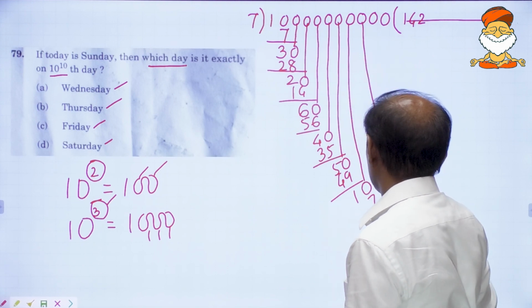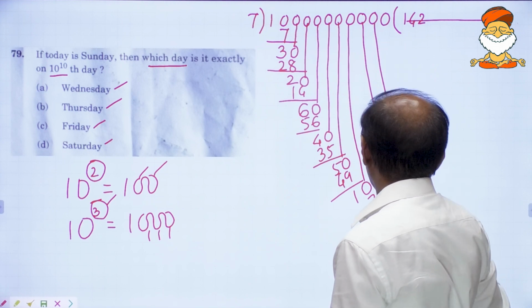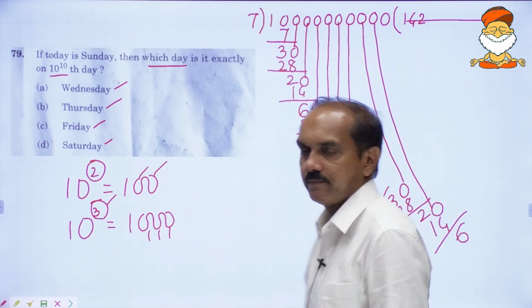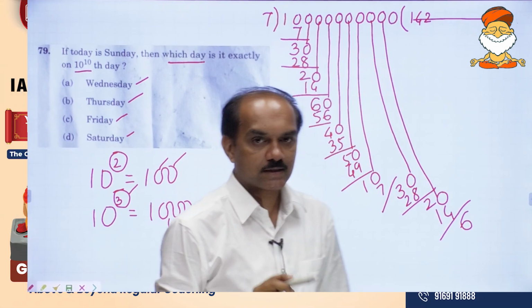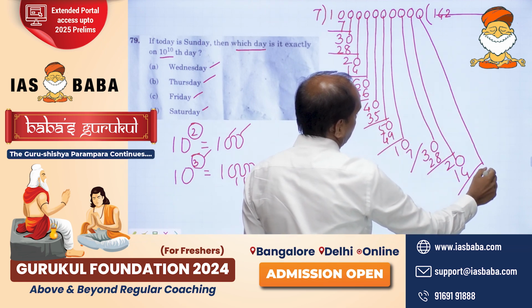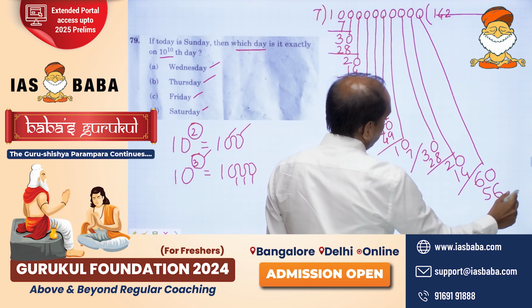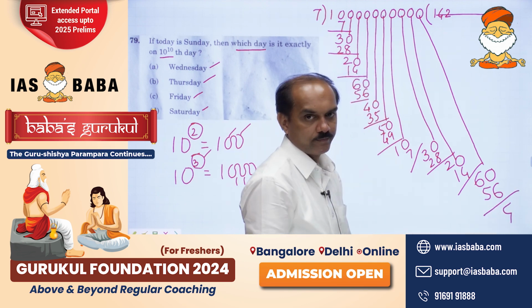Now I will take this 0. 7 4s are 28. 2 is the remainder. 20. 7 2s are 14. 6 is the remainder. Now I will take the last 0. 7 8s are 56. 4 is the remainder.